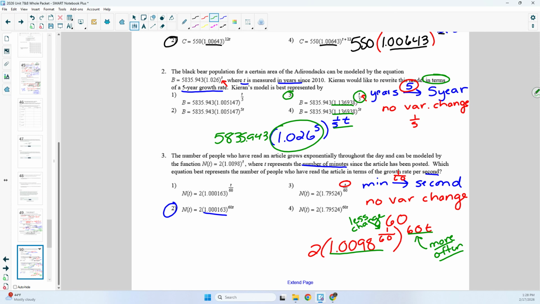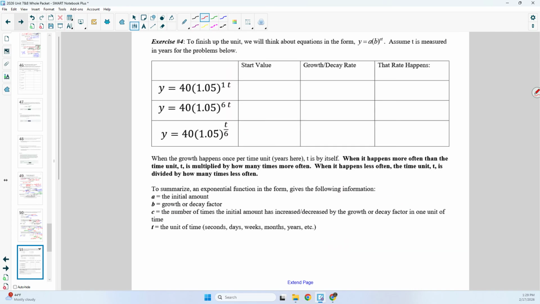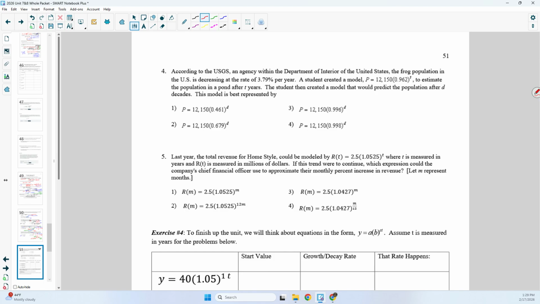In the same way here, in 5 years, there's more change than in 1 year. And this t/5 shows less often. And that's going to become important in the next section we do. But we have 2 more questions at the top of the next page that go along with this, so we're going to do those as well.